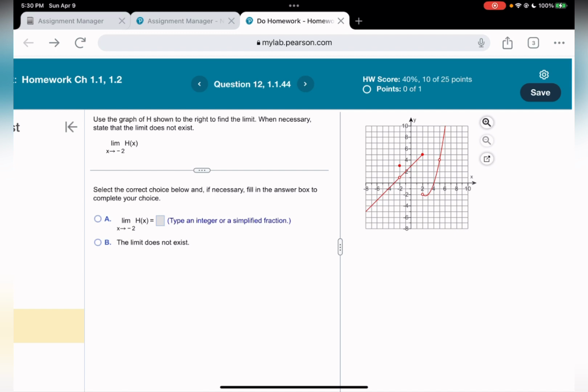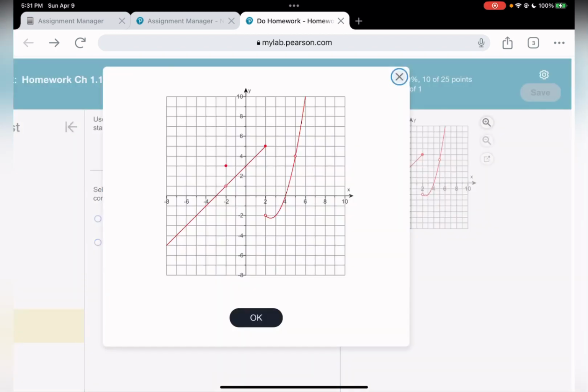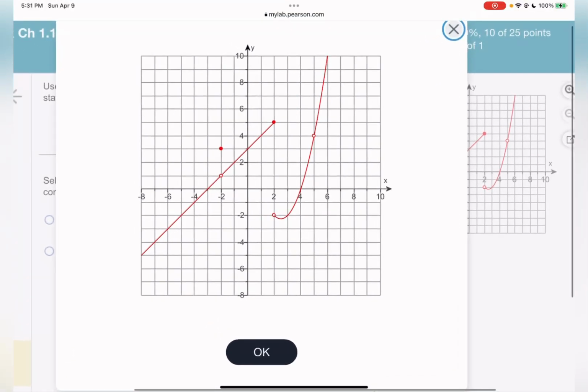So we need the limit of f of x when x approaches -2. Let's see. Here x is equal to -2, and we have a straight line, and we have the hole in there. Because it's a straight line, from both sides it's going to approach -2, right?